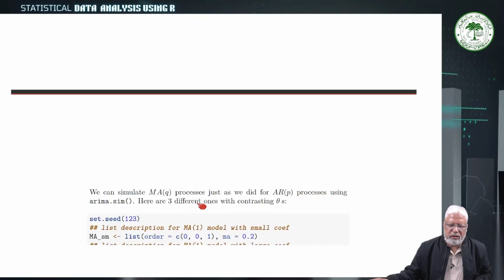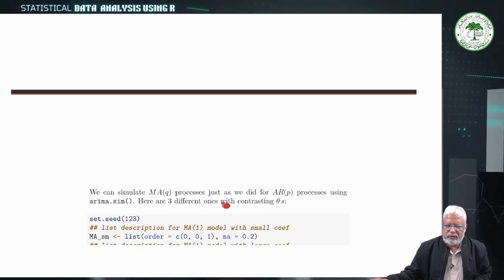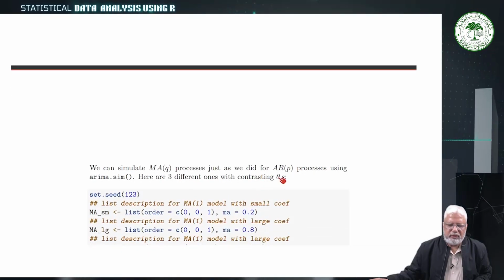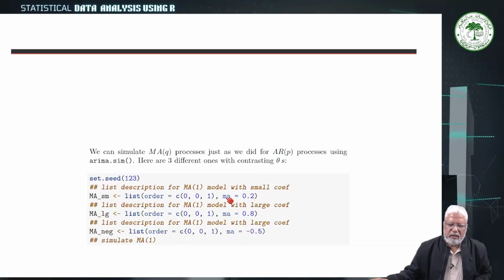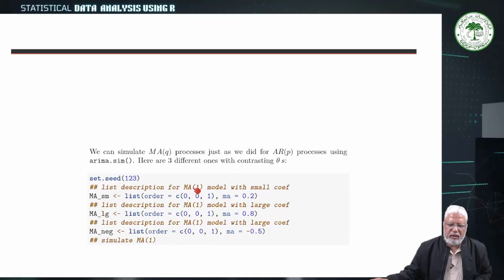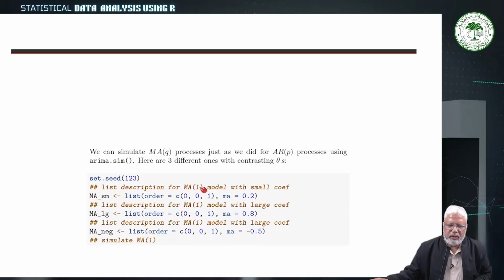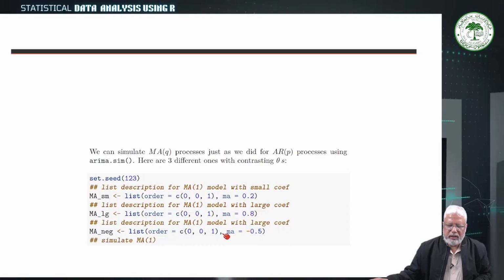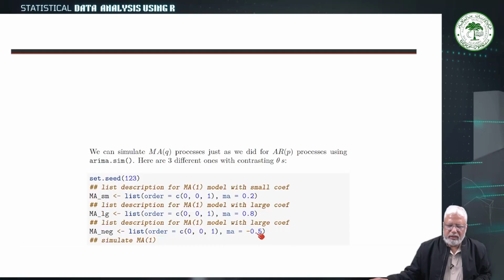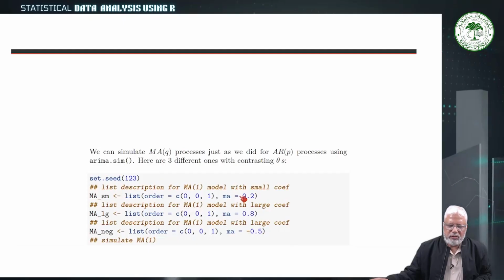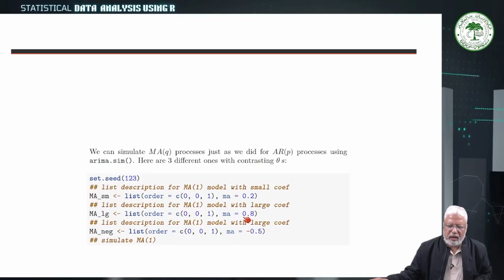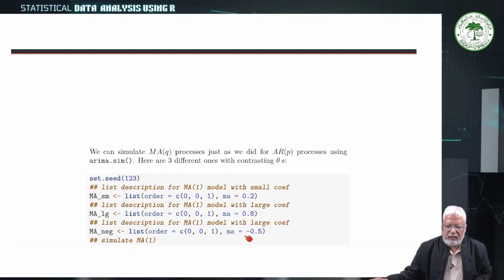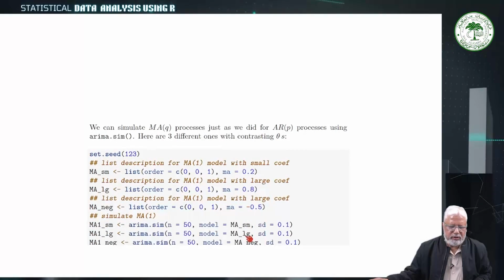Here are 3 different ones with contrasting thetas. MA1 is 0.2, here MA1 is 0.8, and MA1 is -0.5. So here it is a smaller value of the coefficient, here a larger value, and here a negative value of the coefficient.